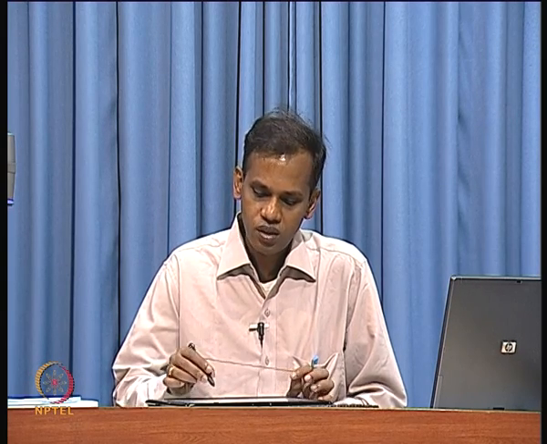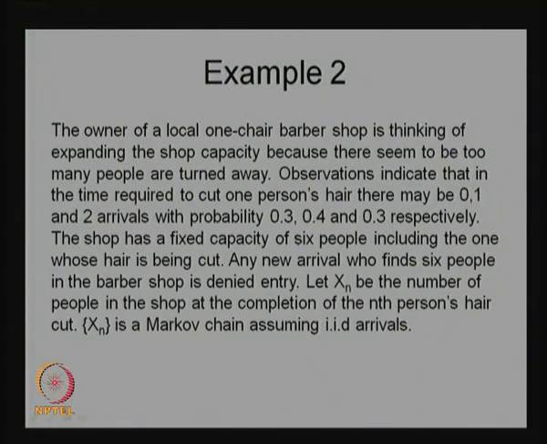Because of this constraint, and because during one person's haircut either 0, 1 or 2 arrivals can take place, the stochastic process X_n is a discrete time, discrete state stochastic process, and the Markov property is satisfied.